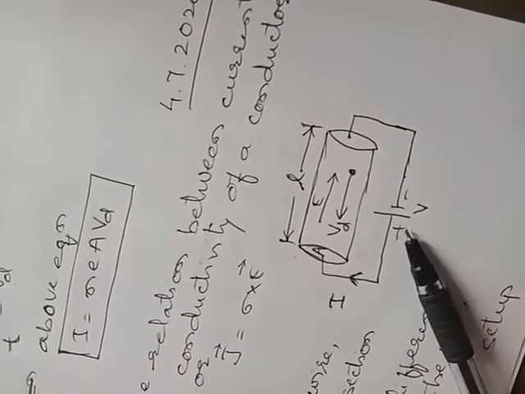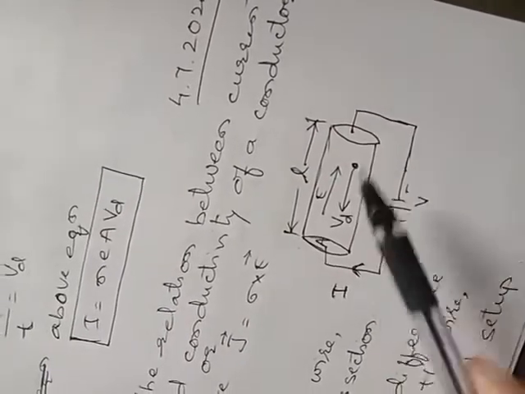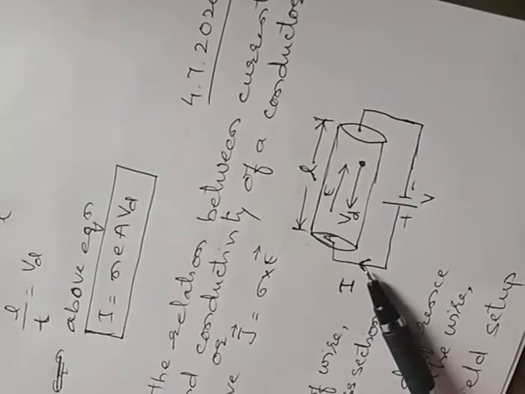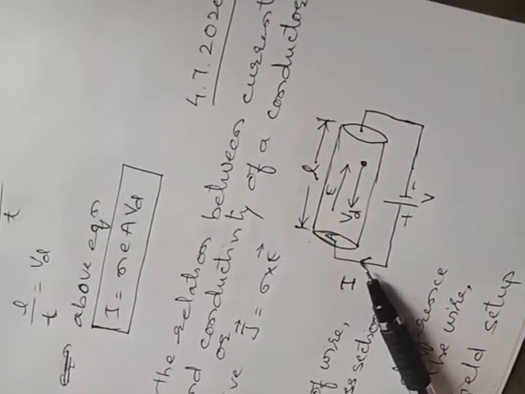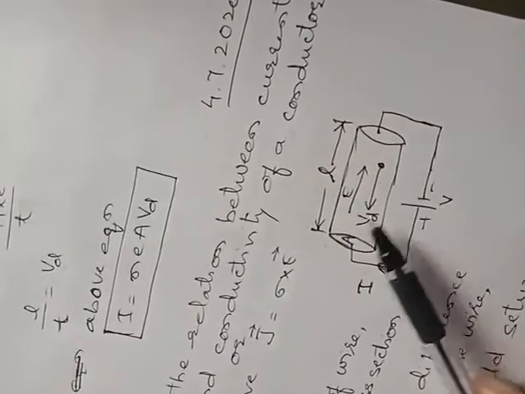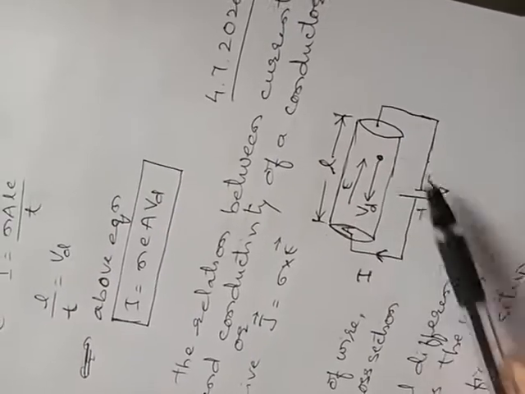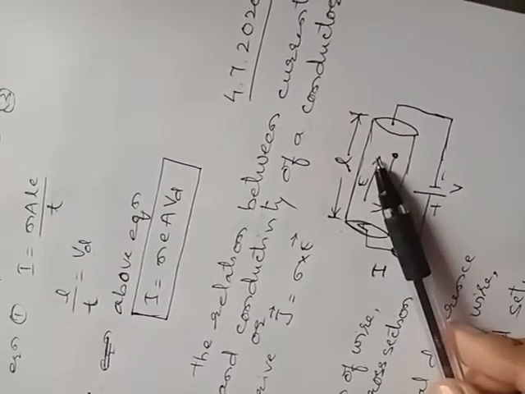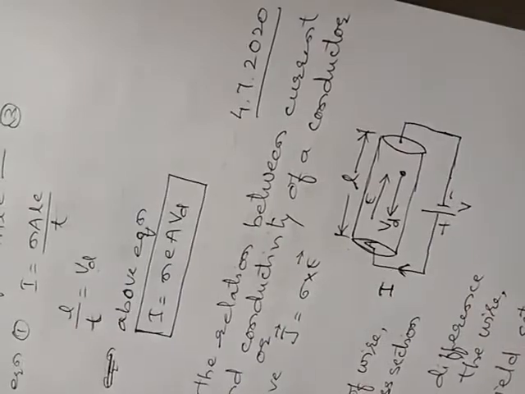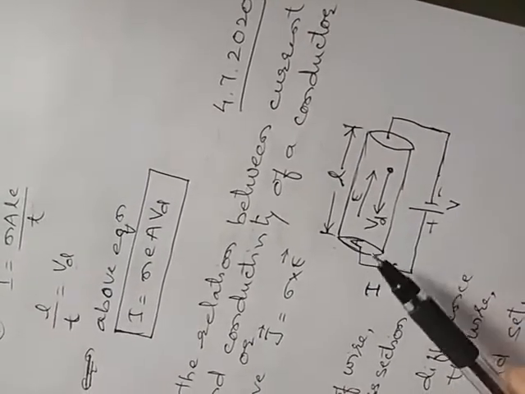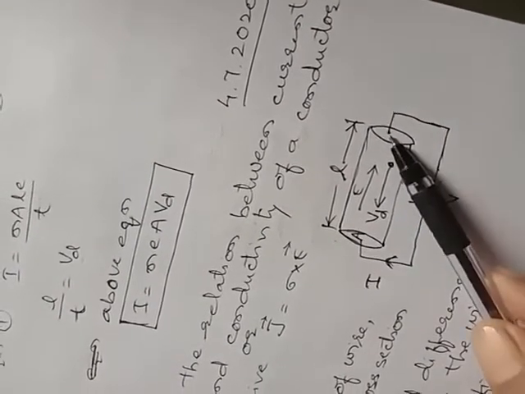So when we connect the positive terminal and negative terminal to the two ends of the wire, current I is set up here. Current I will start flowing in this. How will the current flow? Because of this V, an electric field is set up. The electric field is set up in the wire from the positive terminal towards the negative terminal.